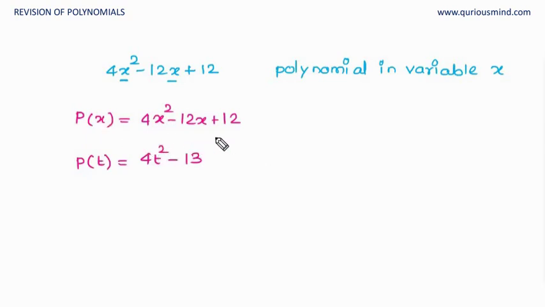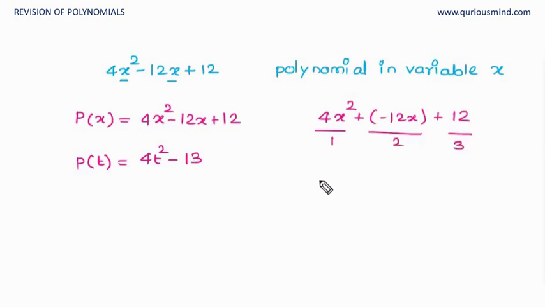These polynomials are also classified based on the number of terms. So how many terms do we have in this polynomial? We know terms are separated by addition. So we have 4x² plus −12x plus 12: 1, 2 and 3 terms.